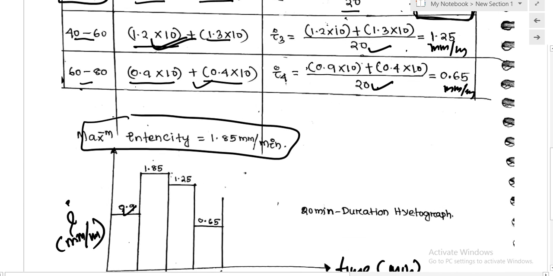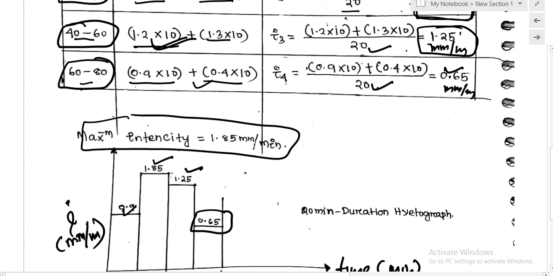Now 40 to 60, the intensity is 1.25. Now 60 to 80, the intensity is 0.65. So this is the hydrograph for 20 minute duration of rainfall.